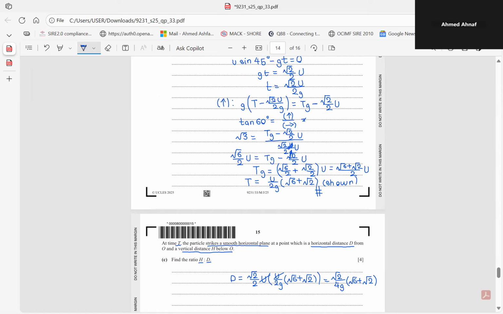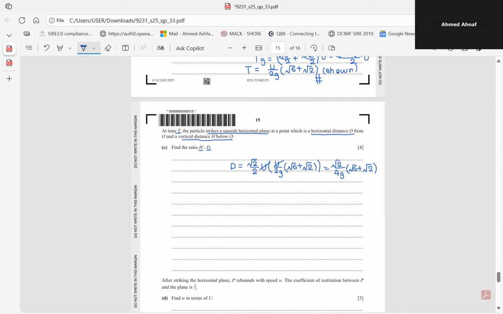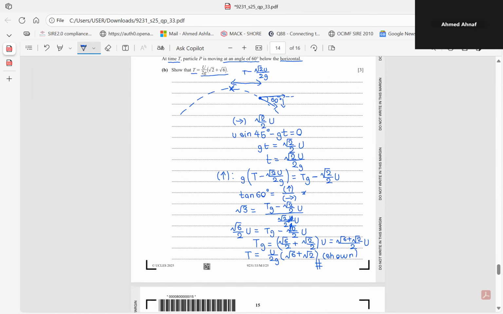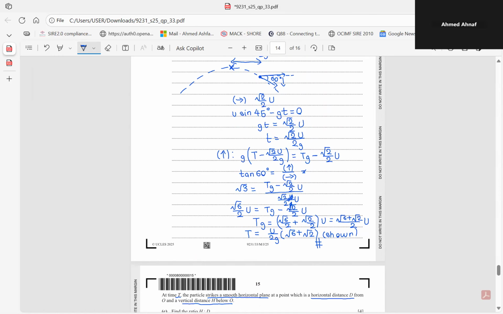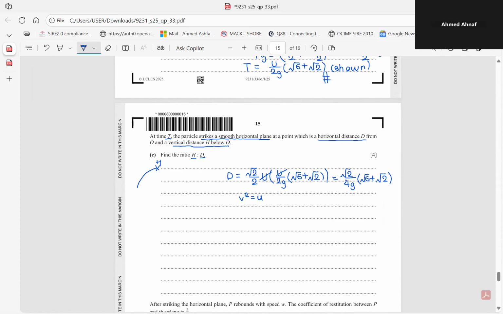All right, so first of all, I believe we should find the highest height reached, okay? So to do that, we're going to use v squared equals u squared plus 2as.